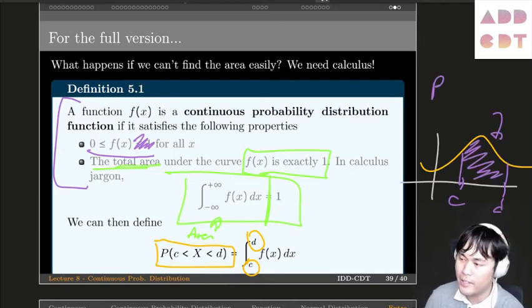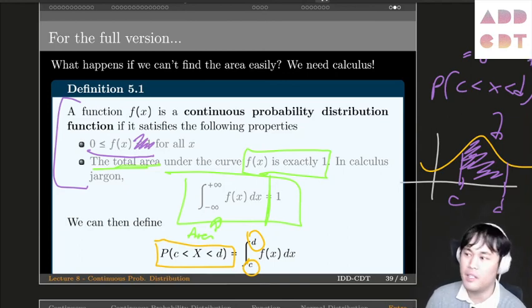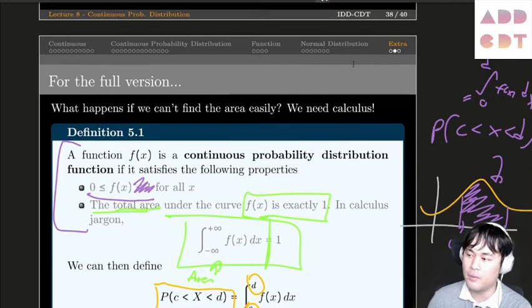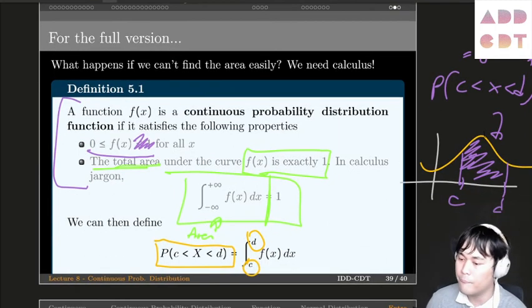We still define that area to be that probability. But now we have an explicit formula that we can use. Even if we don't know calculus at all, you can still use this formula in a calculator to compute the area you want. And so that's one way.